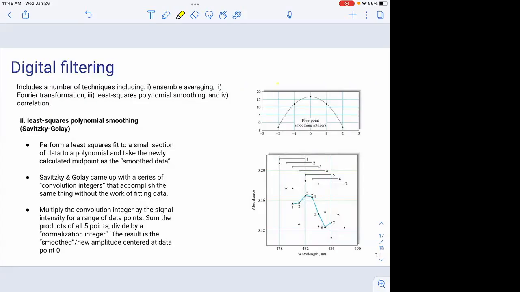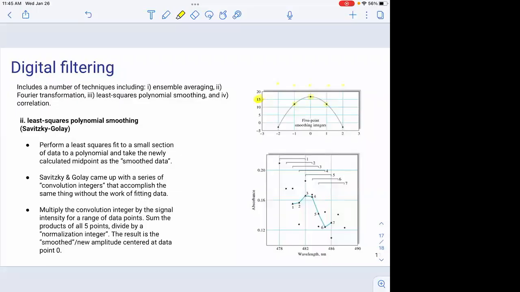So you have 1, 2, 3, 4, 5 points. The point that you're the most interested in, that midpoint, is the one that has the most weight. That's why its convolution integer is so high, meaning it has the most weight in the calculation of the new magnitude or Y value for this point.